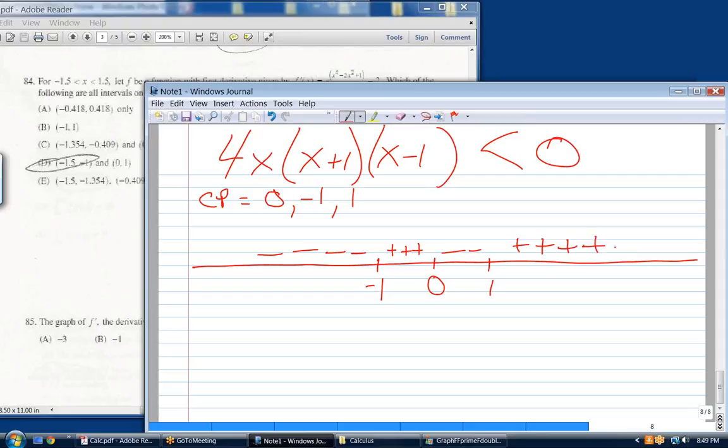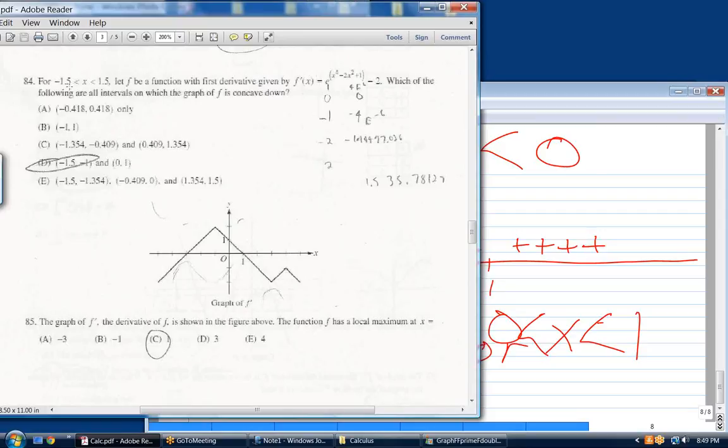Now what is our interval? Our interval is x less than -1 or x greater than 0 and less than 1. Well, we only needed to look at the interval from negative 1.5 to 1.5.